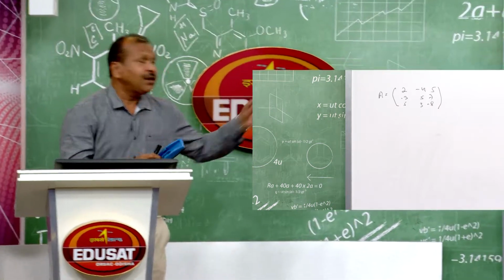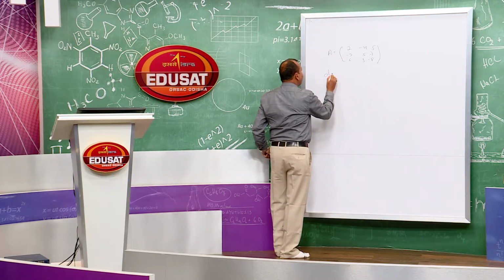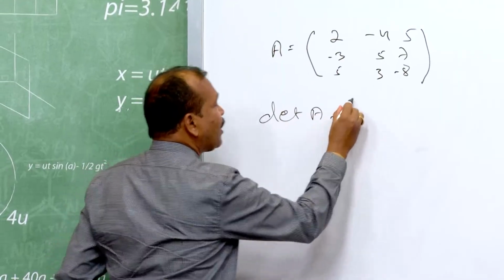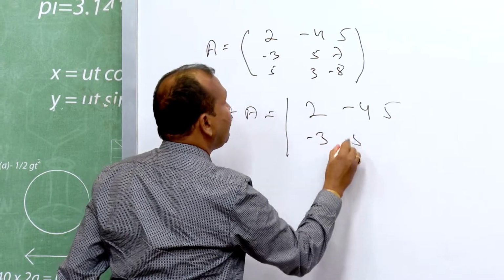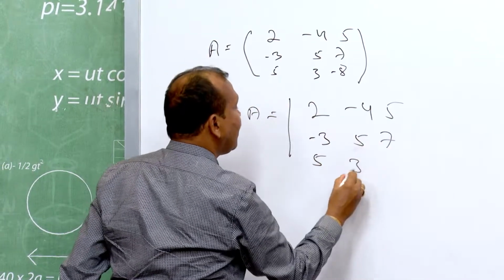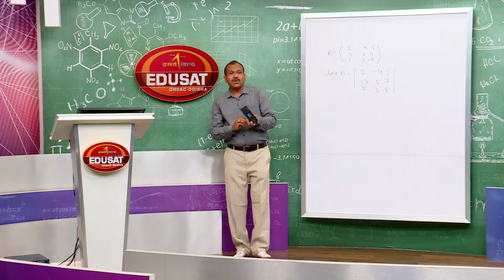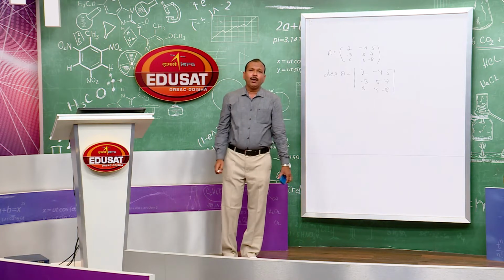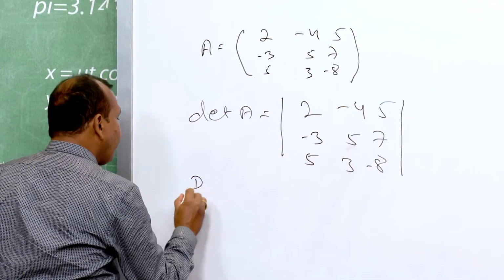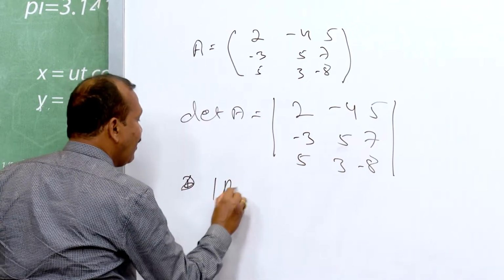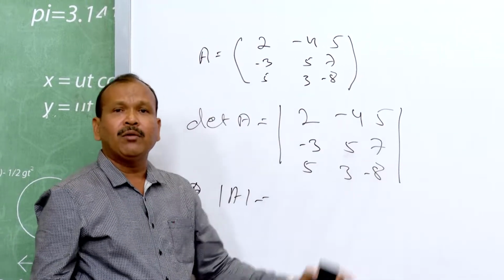Now, first we have to find det A, which is the determinant of 2, minus 4, 5; minus 3, 5, 7; 5, 3, minus 8. We find det A by expanding along any one column or any one row.